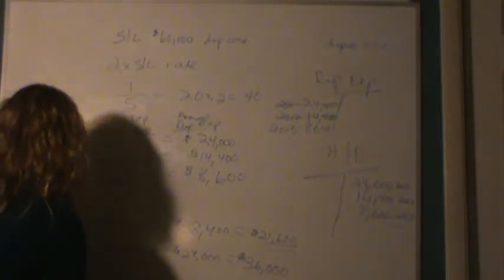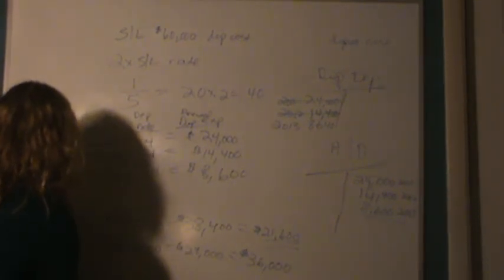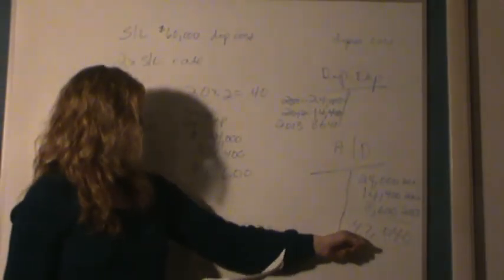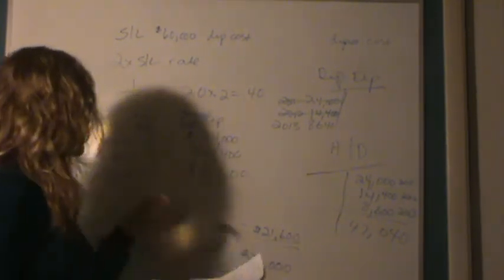So if we want our accumulated depreciation as of December 31st, 2013, we're going to have to add those three items together. $24,000, $14,400 and $8,640. That will give us $47,040. This is our accumulated depreciation as of December 31st, 2013.